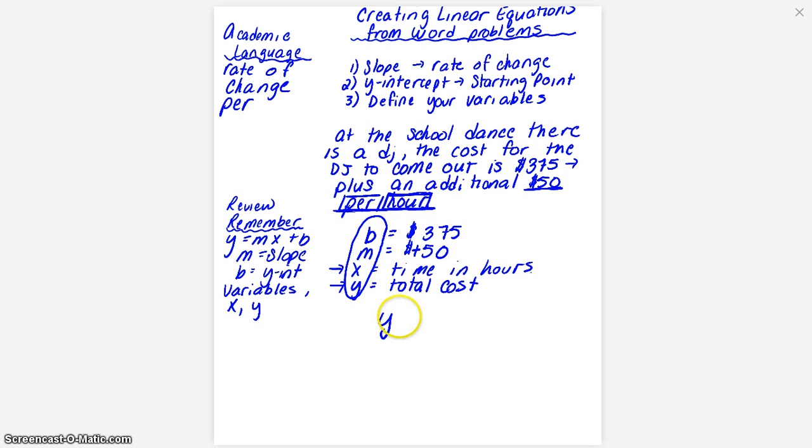So Y equals M, $50 per hour, X is your hour, so $50 per hour, plus the original starting point of just to have them come out, $375. Okay? So the total cost, you read this as, in words, you read this as the total cost is $50 per hour plus the original $375.